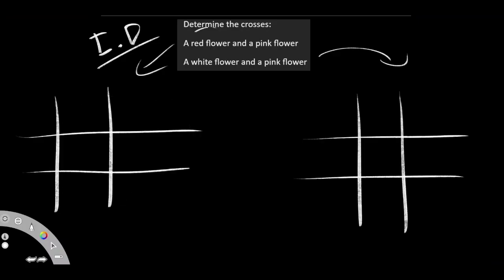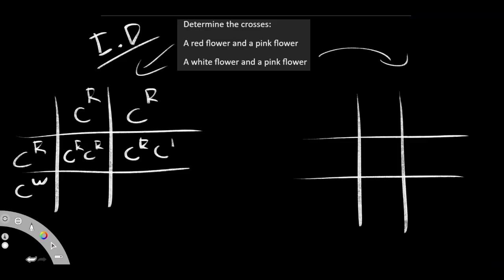For this one, you have a red flower, which is obviously the two R's. You have a pink flower, the heterozygous one, the mixed blend of red and white, so R and W. You get CRCR, CRCR, CRCW, and CRCW. Those are the crosses. How about this one? You have a white flower and a pink flower.